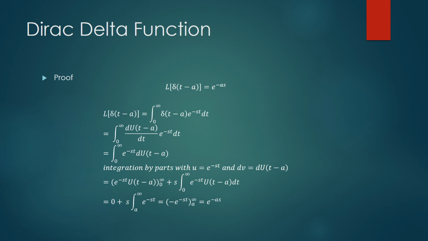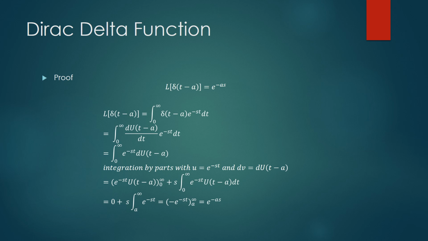It becomes the integral from 0 to infinity of d/dt of u(t minus a) e to the power of negative st dt, and as we can see, the dt cancels out.